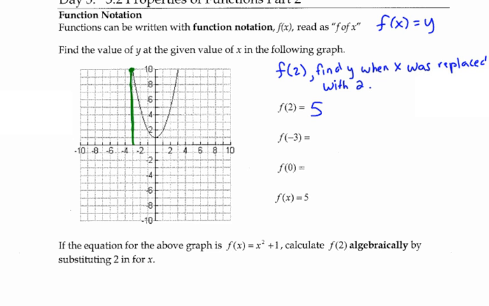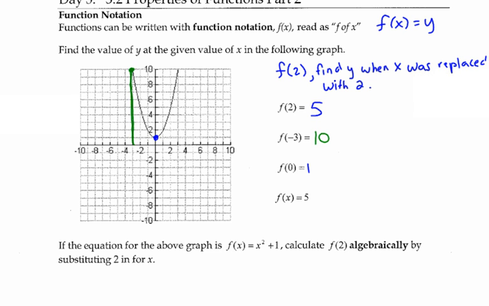It's definitely 10. I know for a fact it's actually 10 because I know the equation. Sorry if your graphs aren't clear, but it's 10. Now, next one, find f of 0. So when x is 0, what's y? 1.